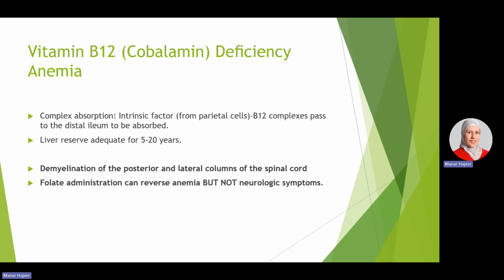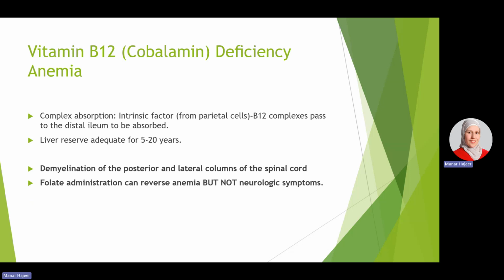Any deficiency of the intrinsic factor, any disease in the terminal ileum, any disease in the stomach itself will affect the absorption. However, it is stored in the body in adequate amounts for 5 to 20 years, not like folate.